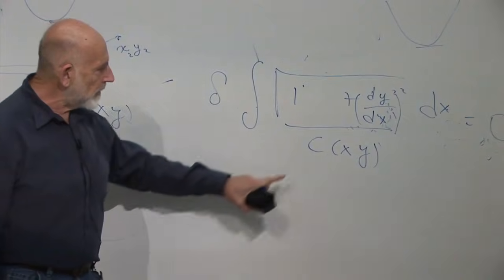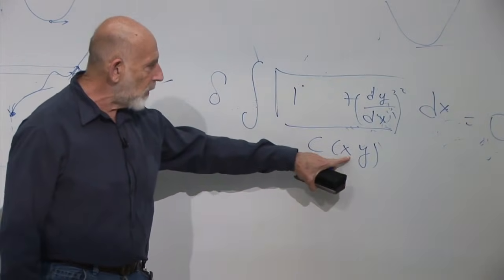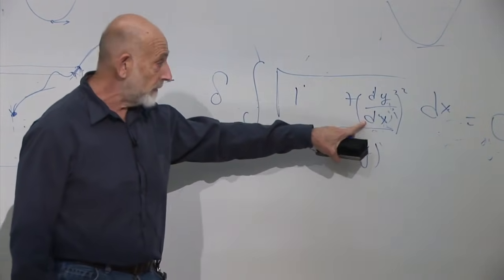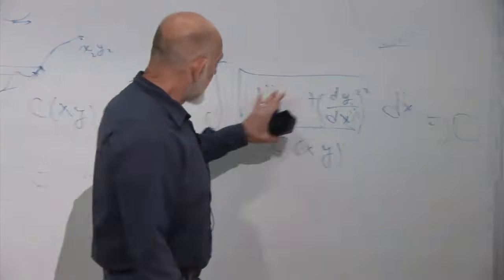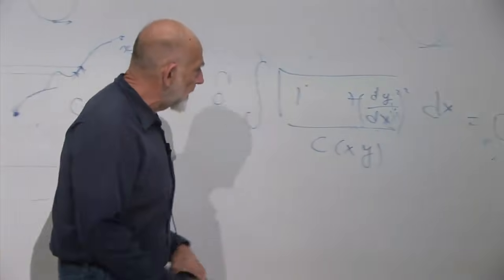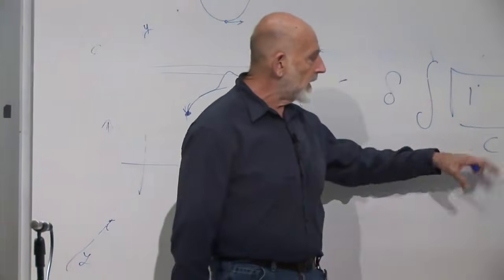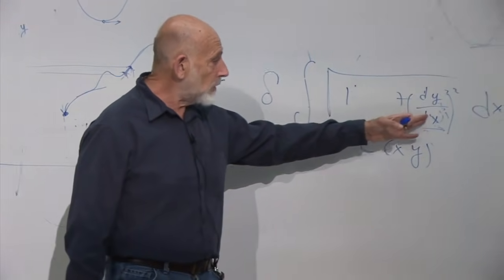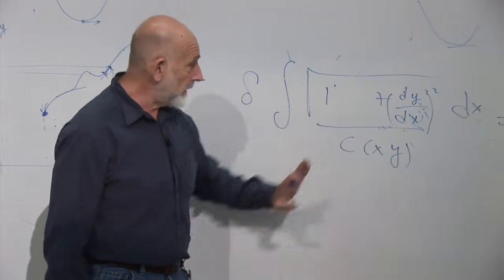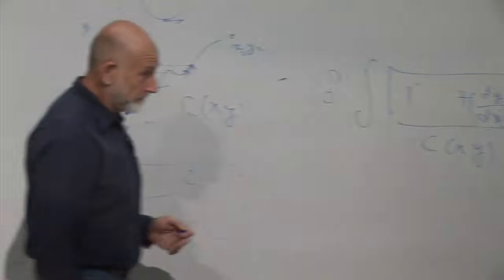The thing in the integral depends on both x and y, but also on the derivative of y with respect to x. That's characteristic, that the things in the integrals that we're going to be examining depend not only on x and y, or position, or whatever it happens to be, but also derivatives or slopes of functions.